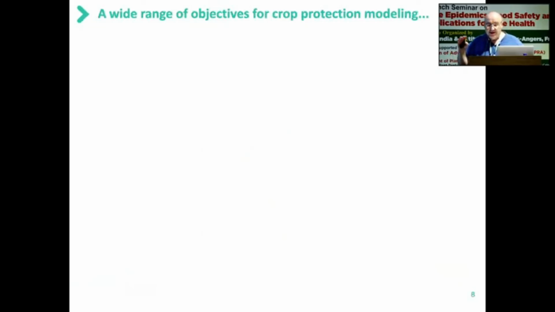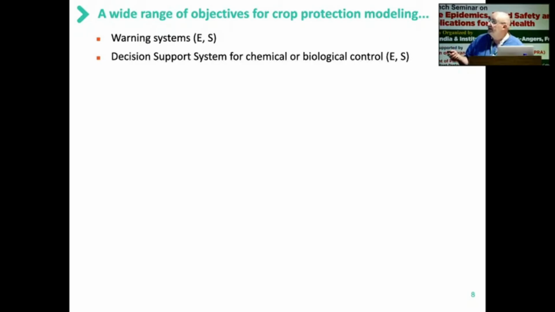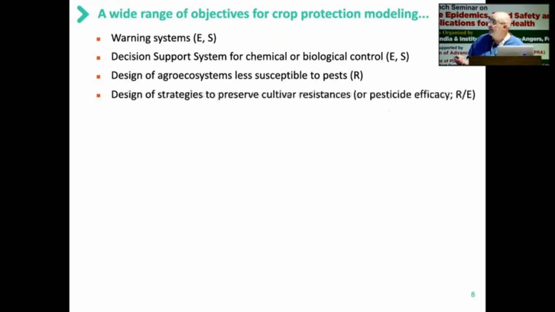used it in order to make a typology of the different objectives that we can have for modeling in crop protection. We can design farming warning systems, like we saw, so it deals with the efficiency or the substitution. We can design decision support system for chemicals or biological control. We can use that to design agroecosystem less susceptible to pests.